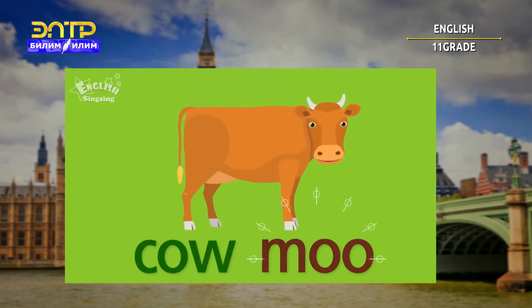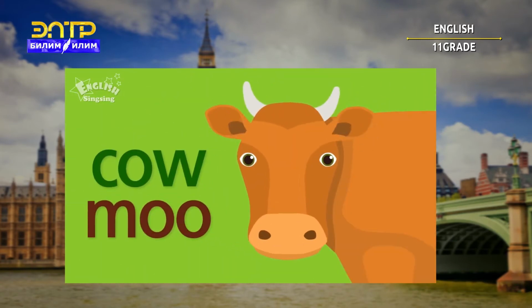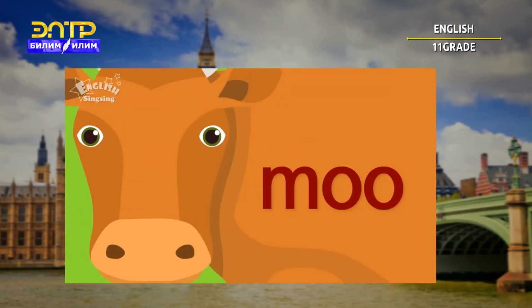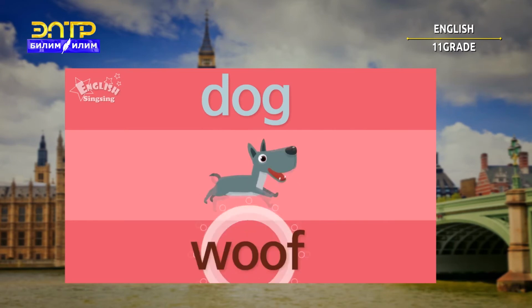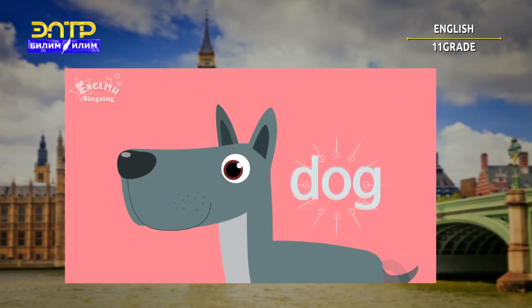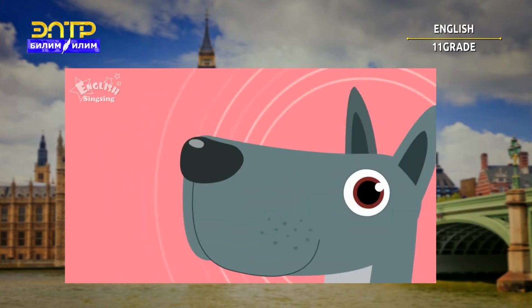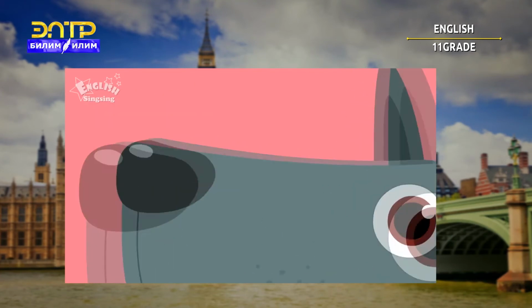Cow. Moo. A cow makes a moo sound. Dog. Woof. A dog makes a woof sound.